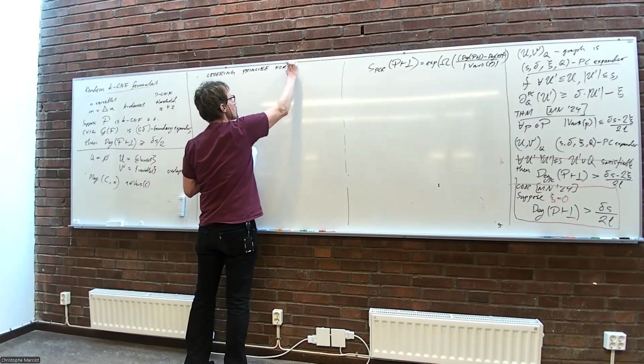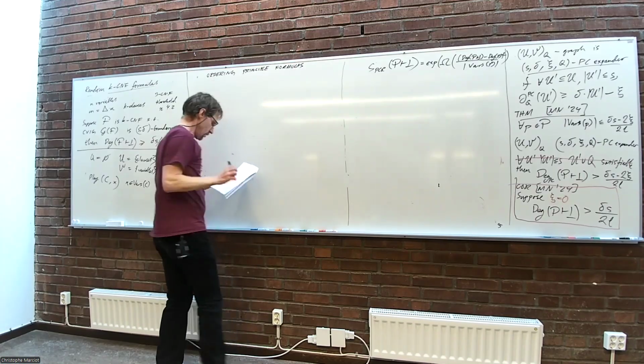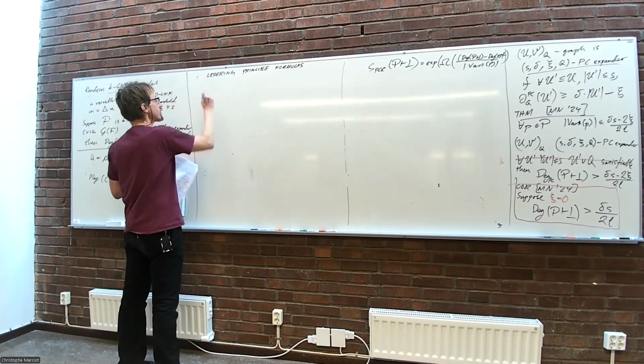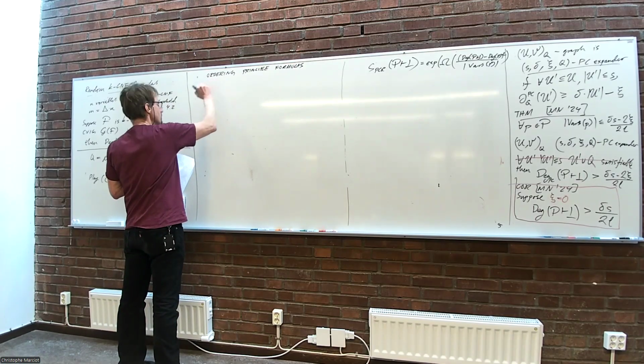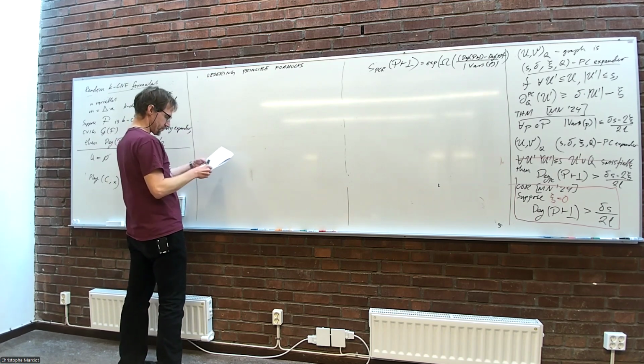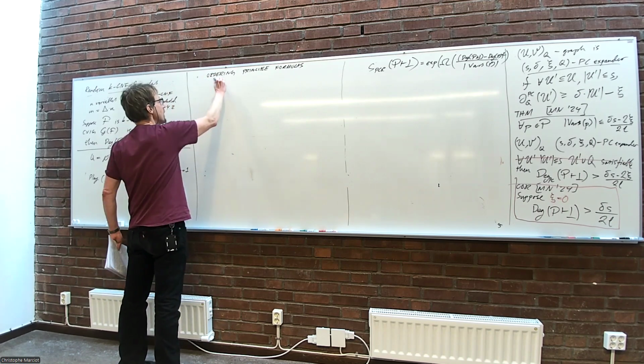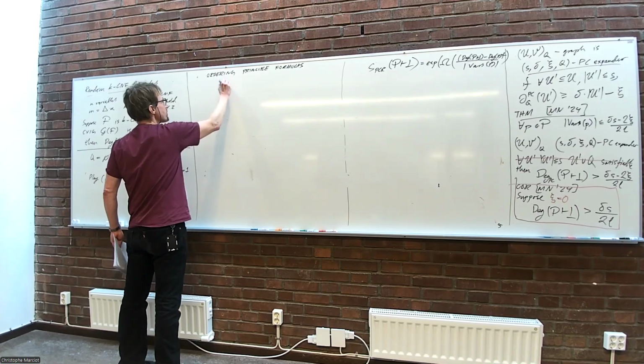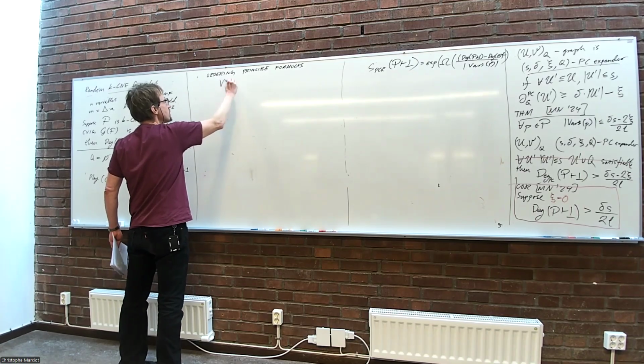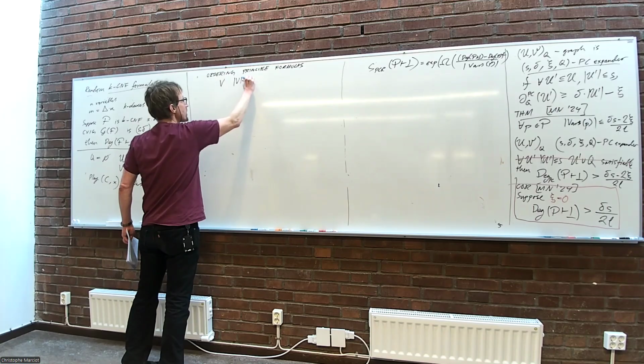So let me tell you what those are. So we have some set, and let me say that the set is V, and V has size n.